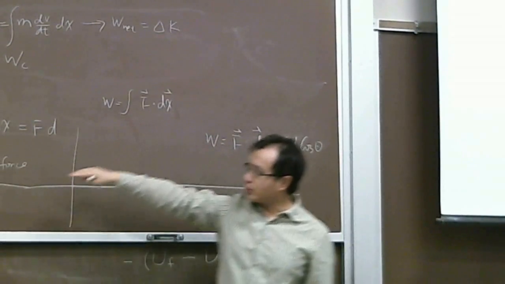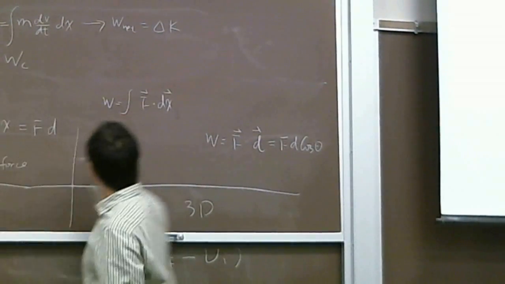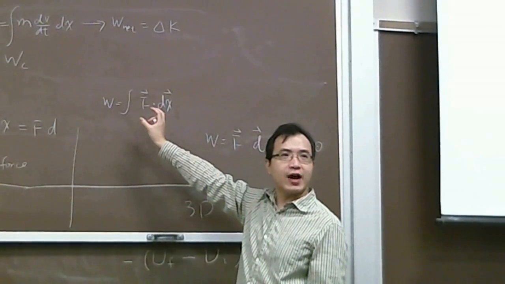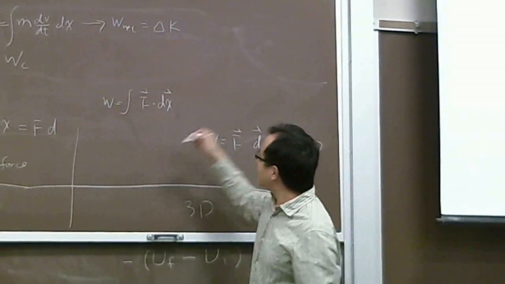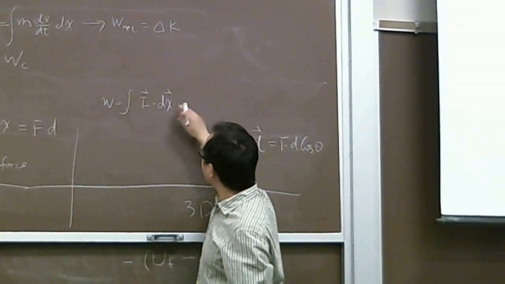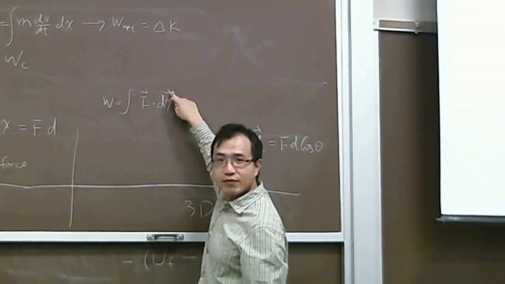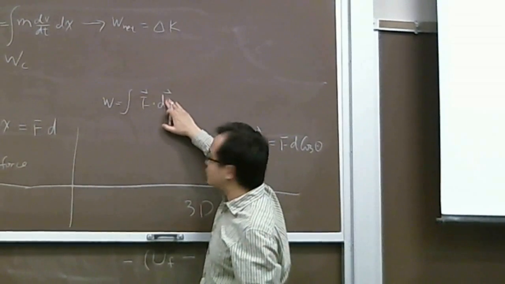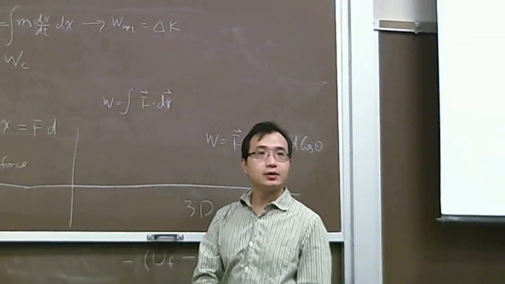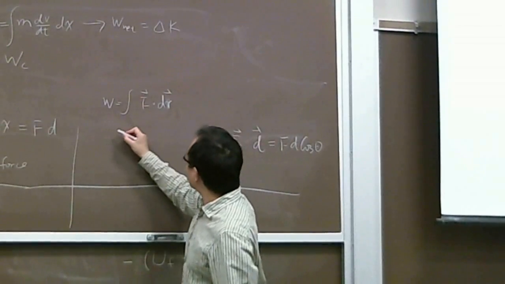So far you only learned this one, and this one, in fact, you can expand it formally in terms of the vector notation. If this has a vector here, it's actually a 3-dimensional quantity. So usually for a 3-dimensional quantity, we call it r. So it can be expanded like this.